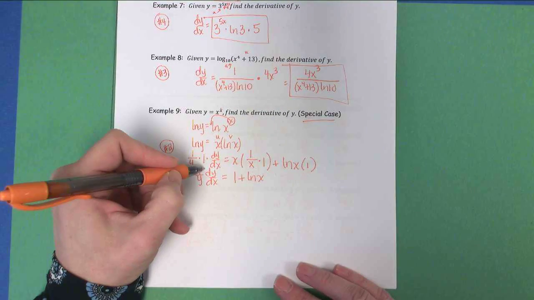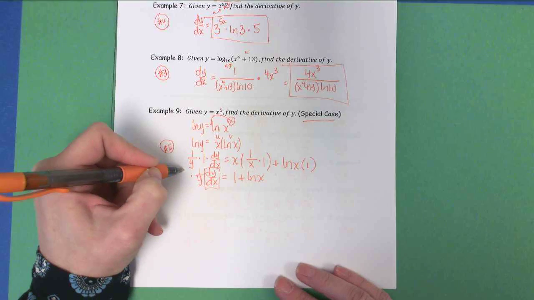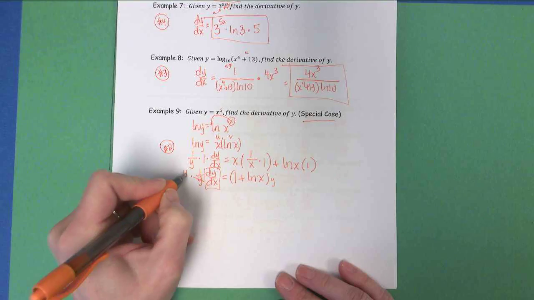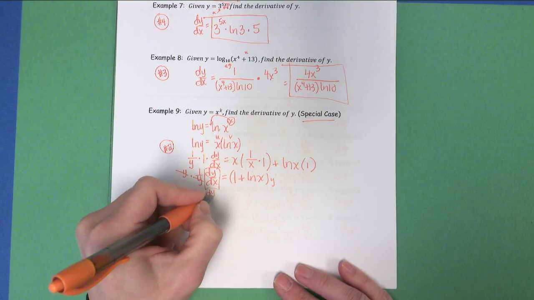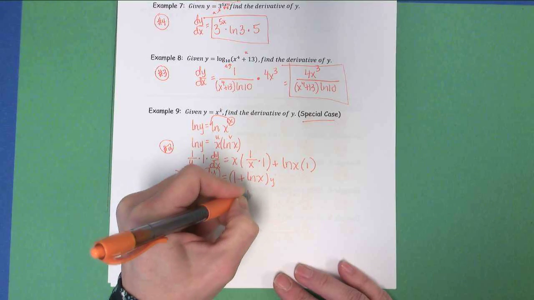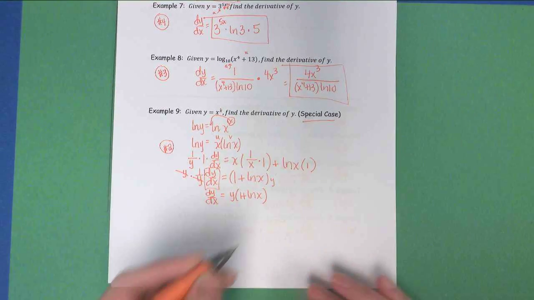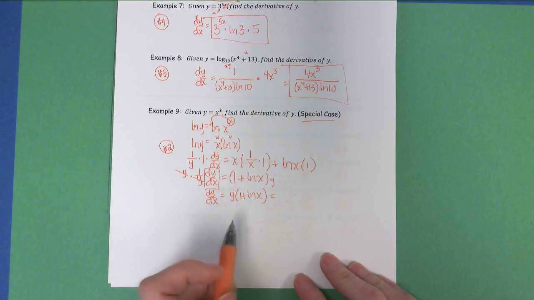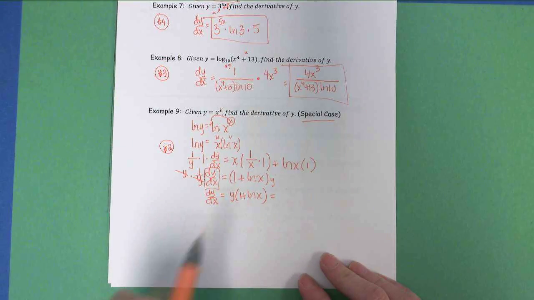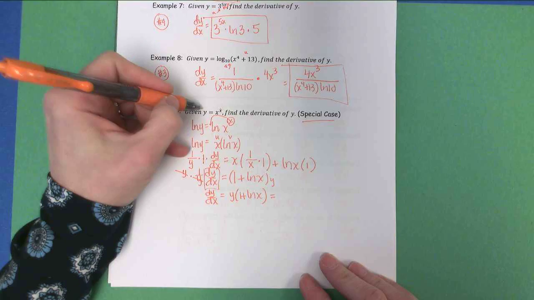To solve for dy dx, I'm just going to multiply both sides by y. That'll cancel these out and leave me with dy dx equals y times 1 plus natural log of x. To finish this off, in order to not have my derivative with a y and an x, I'm going to go all the way back to the original problem.